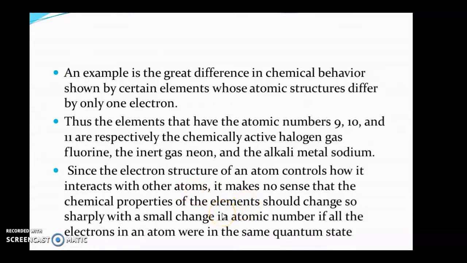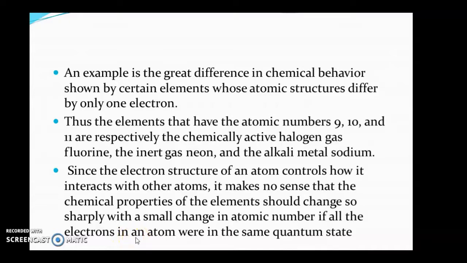So, it makes no sense that the chemical properties of the element should change so sharply with a small change in the atomic number if all the electrons in an atom were in the same quantum state.